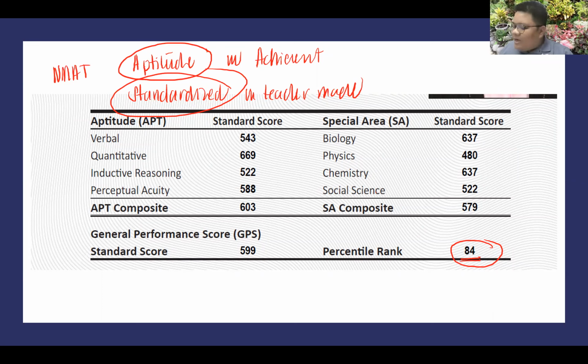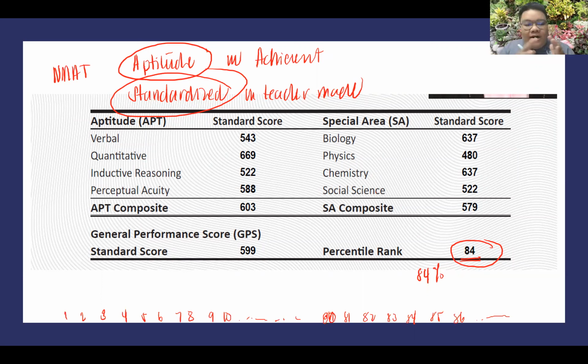84 percentile or 84th percentile does not actually mean 84%. But when I talk about 84th percentile, titingnan nyo yan class, no? What do we mean by percentile? Kapag dinivide ko lahat na kumuha ng exam, let's say for example from 1 to 100, 81, 82, 83, 84, 85, 86.